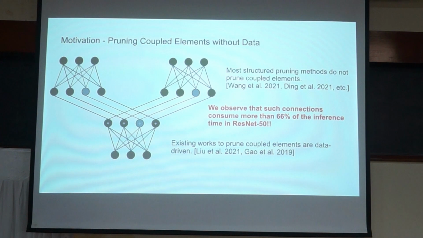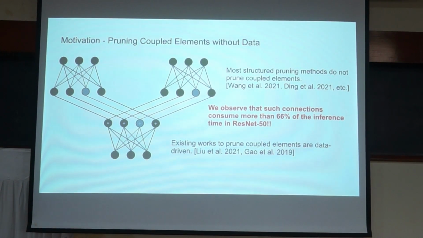So there are many layers, these pluses, the connected components, which most algorithms will not even touch. Why? Because they're unable to take a call on what is going to happen if I remove it. I do not know how the gradients will change, so what they do is avoid it. Fine. But the problem is we profiled this, and I see that 66%, like two thirds, of the inference time goes into these things. And they could not do it because the mathematics of it is not allowing us.